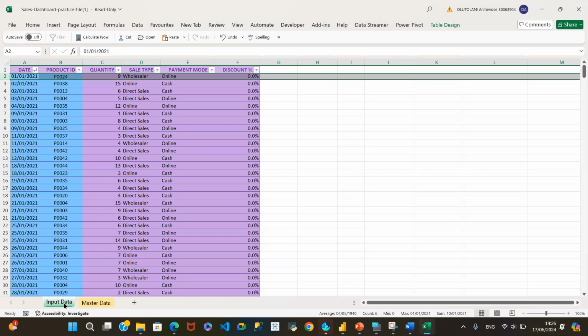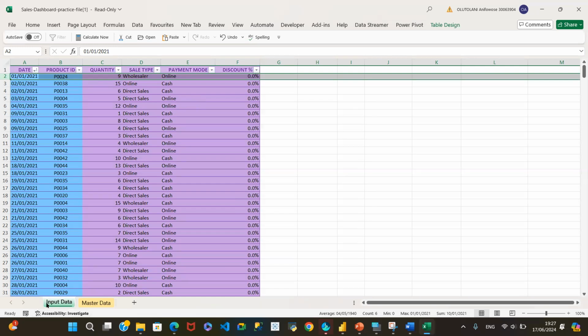Okay, I know this input data here is confusing all of us. Input data is just the name they have decided to give their own data. But the type of table that it is, is a fact table. Now, you can go into another business and they have exactly the same table, and they are giving it another name.